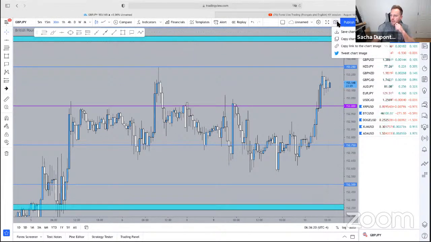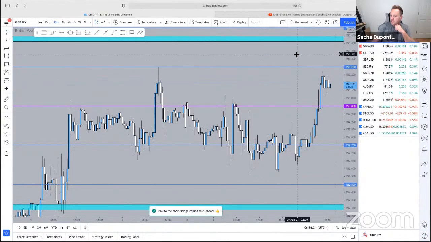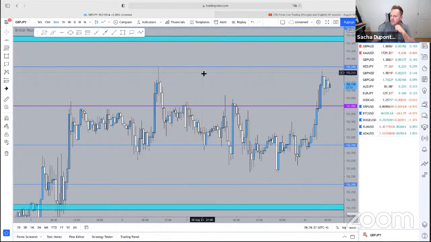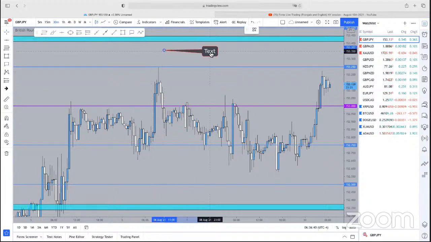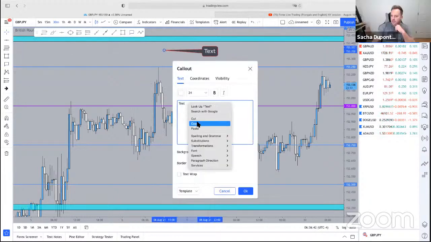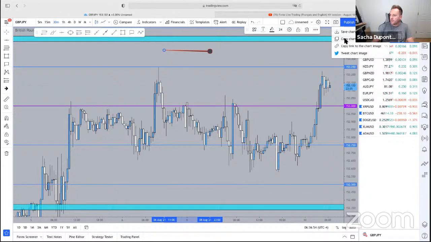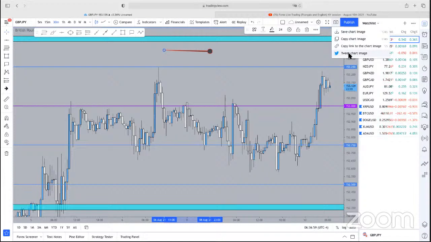Oh, this is new. Oh, goodness, TradingView did an update here. Copy link, chart image, I guess. Oh, so you're going to have to paste. I saw there was an update. So the copy chart is just the image.